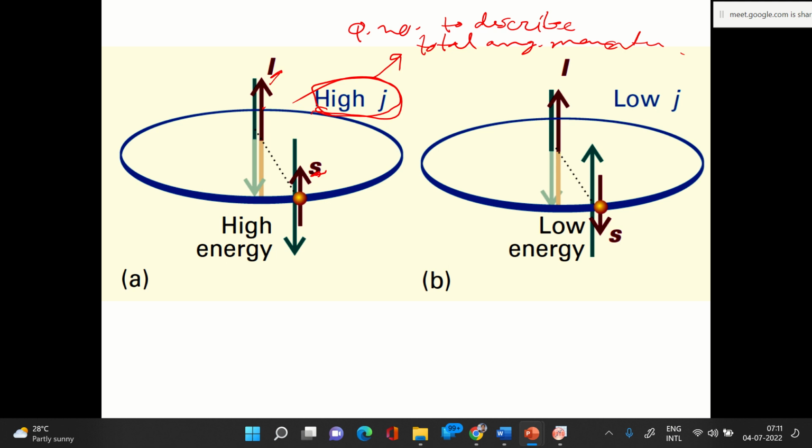In a similar fashion we can write mu total is proportional to J, the quantum number J. So that also we had.